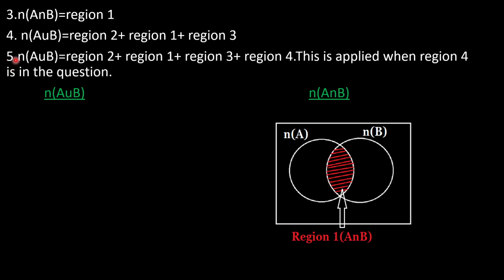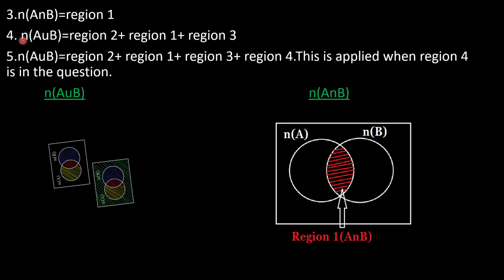This is where region 4 is given. So A union B equals region 2 plus region 1 plus region 3 plus region 4. The number 5 is applied when region 4 is in the question, but number 4 is when region 4 is not in the question.